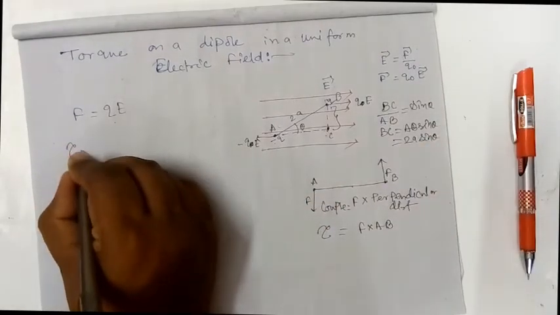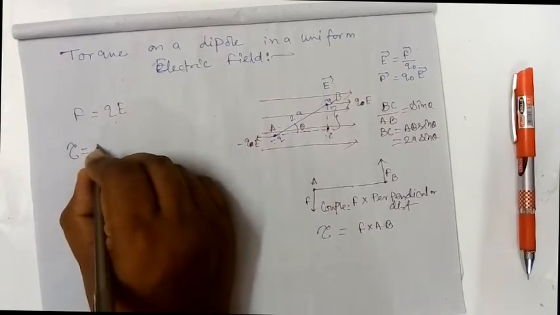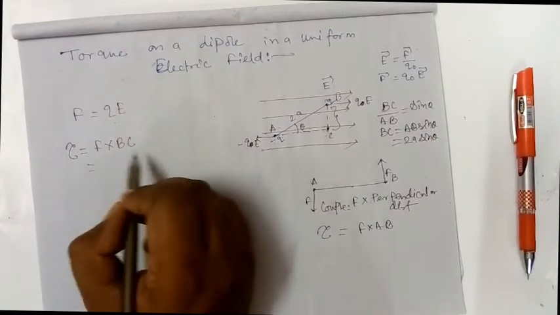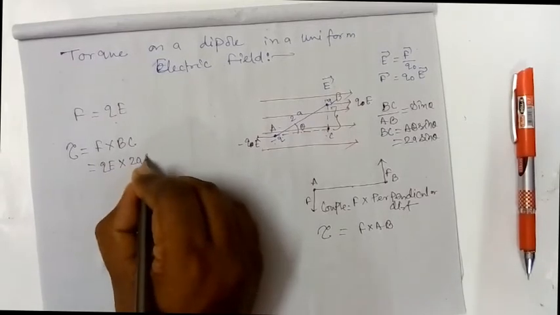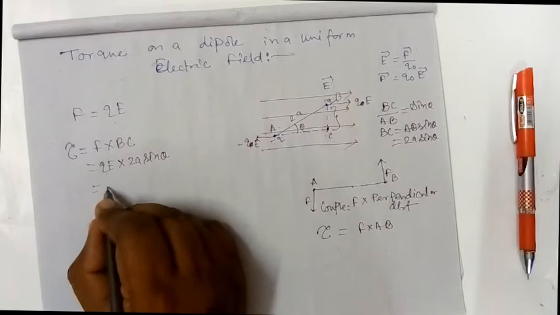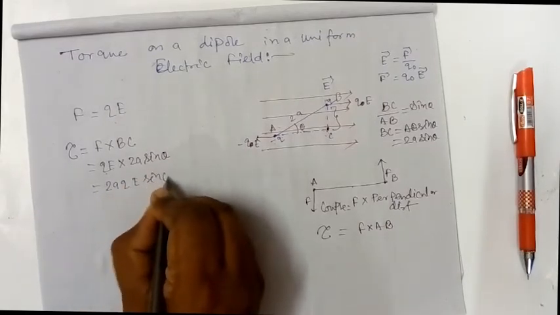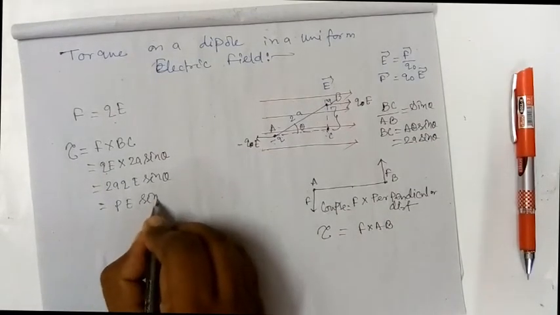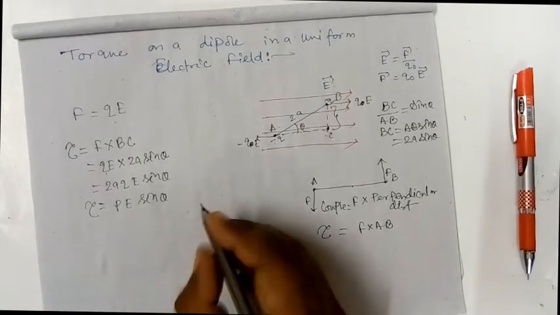So if I want to find the torque, tau equals force into BC. Force is q into E, BC is 2a sine theta. So 2a into q into E sine theta. 2a into q equals p, so that is pE sine theta, that equals tau, and that is the cross product.